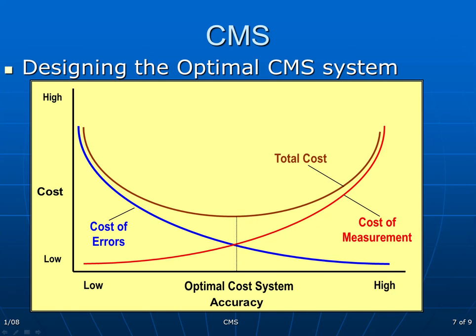There's an optimal degree of refinement where we balance those two different types of costs that we're working with, the cost of errors and the cost of measurement. In other words, if we have a costing system that is super refined, it may be too costly to operate. And that's just as problematic as having a costing system that's way too simplistic and it gives us information that is not very accurate and highly distorted.